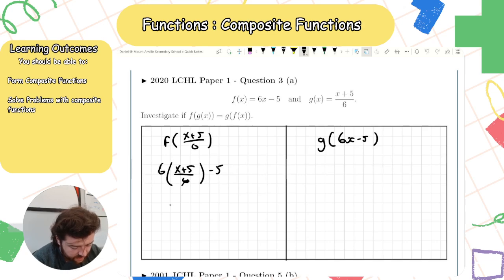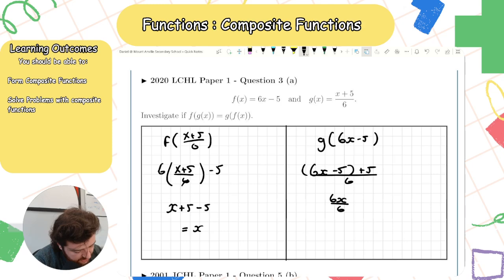The 6 is going to cancel here. X plus 5 minus 5 is equal to x. Here, g of 6x minus 5 is going to be equal to 6x minus 5 plus 5 all over 6. Top is going to be 6x all over 6, which is equal to x. Therefore, they are equal.